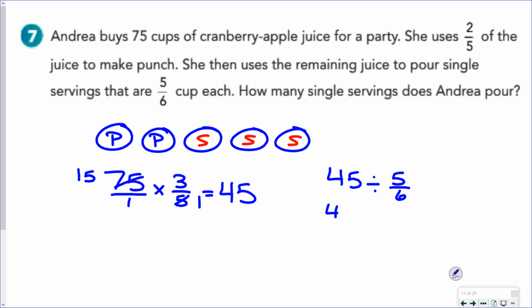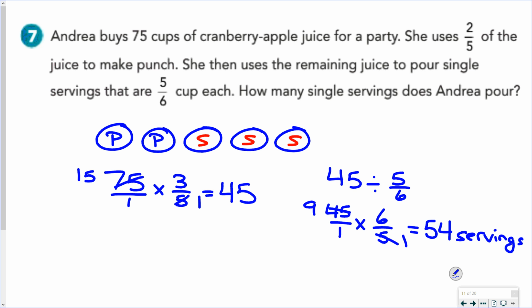So I'll keep 45 the same, change division to multiplication, and use my reciprocal. I can divide both 5 and 45 by 5. 5 becomes 1. 45 becomes 9. 9 times 6 is 54. And that would be 54 servings. Now you could, of course, label it single servings, but that is kind of redundant.